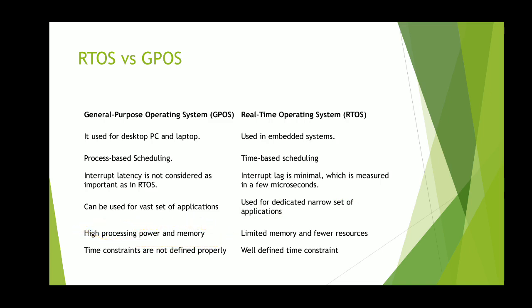But the real-time operating system is operating with limited processing resources and limited memory. And the time constraint of the general purpose operating system is not defined properly, but the real-time operating system should have a well-defined time constraint.